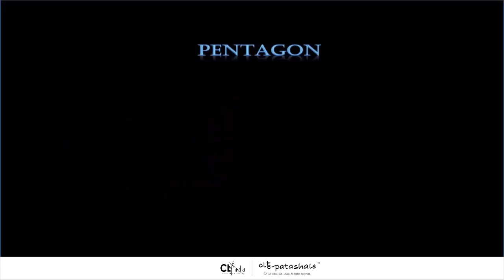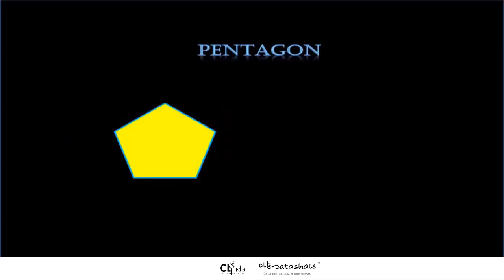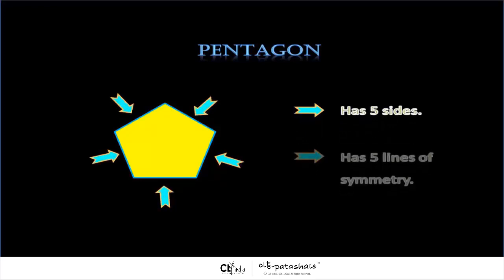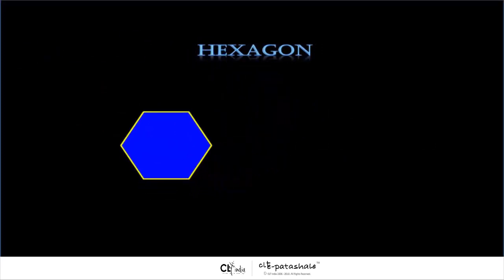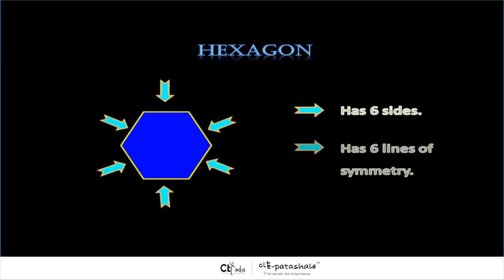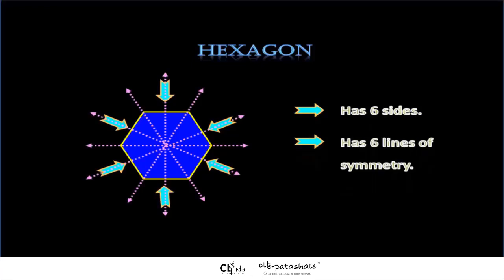Similarly, if we take a pentagon, a pentagon has 5 sides as the name suggests, and the lines of symmetry are also 5. In a hexagon, how many sides does a hexagon have? 6 sides. So the lines of symmetry will be 6.